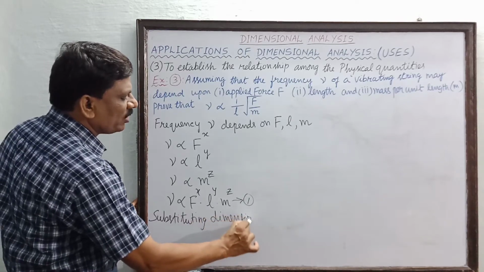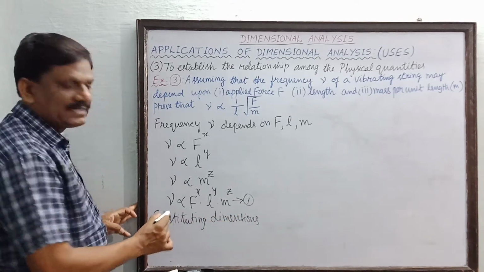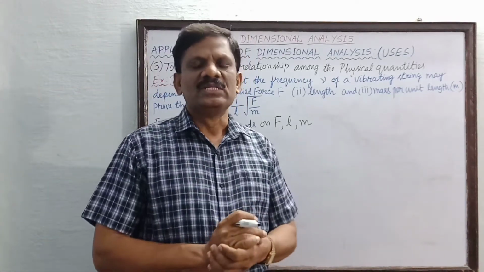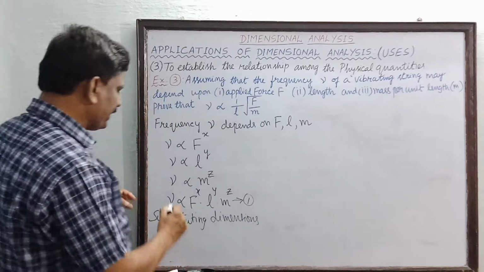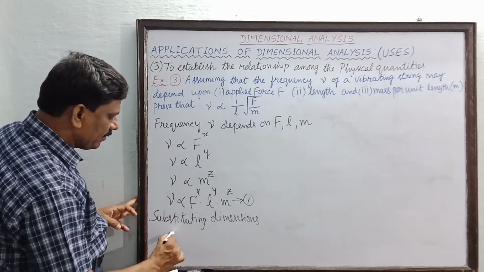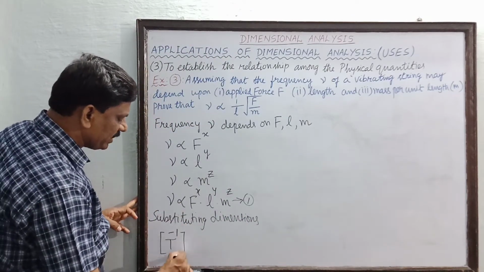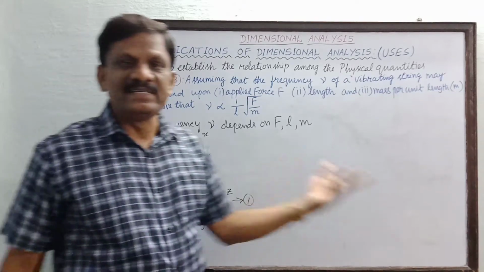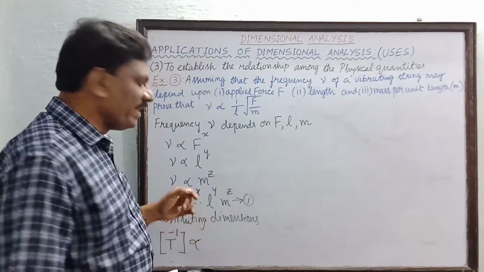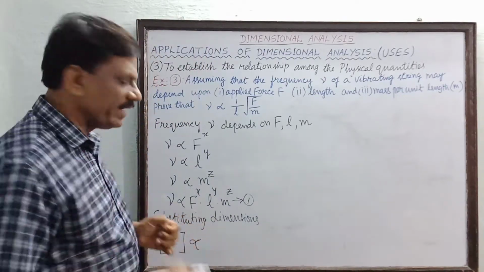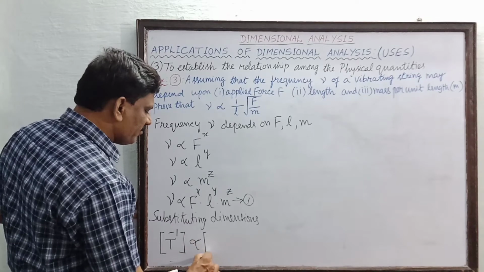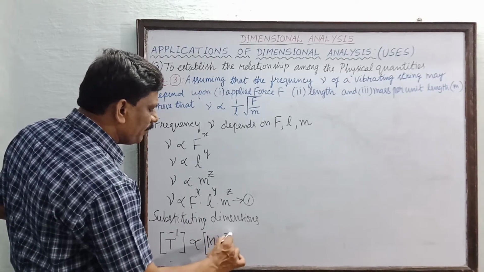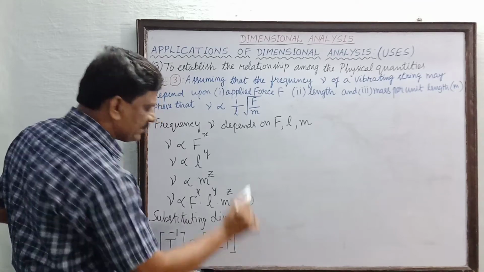So substituting the dimensions in expression 1, the left side is frequency, which is the reciprocal of the time period, so T power minus 1 is the dimension of frequency. On the right side there are three factors, and the first factor is force. Force is mass into acceleration, so the first factor is M L T power minus 2 whole power x.